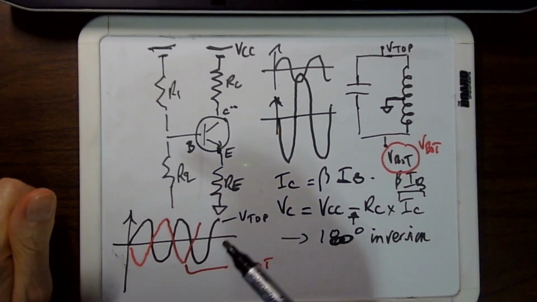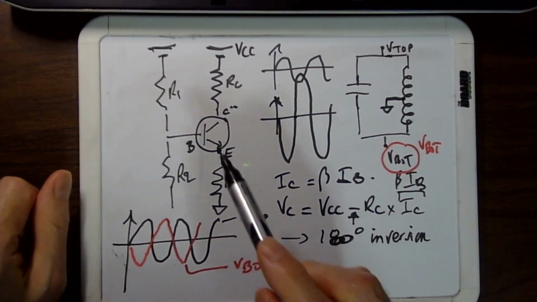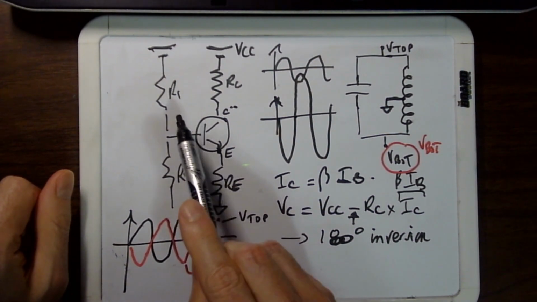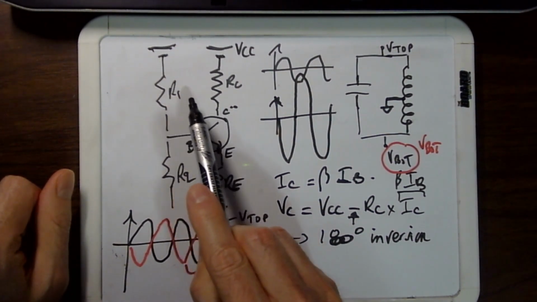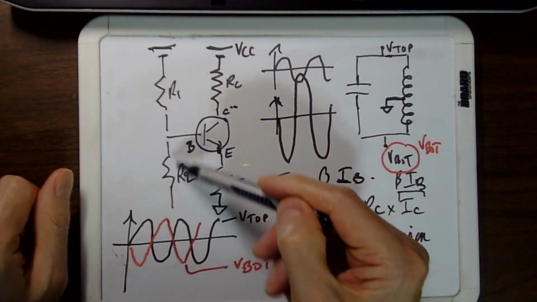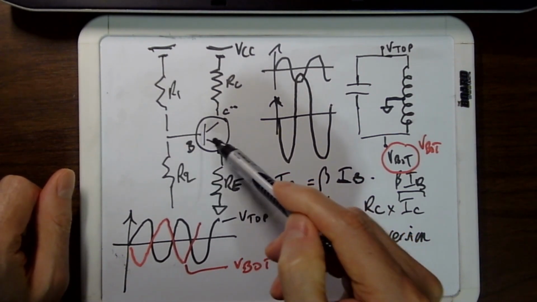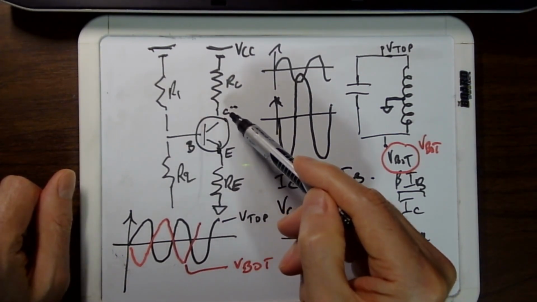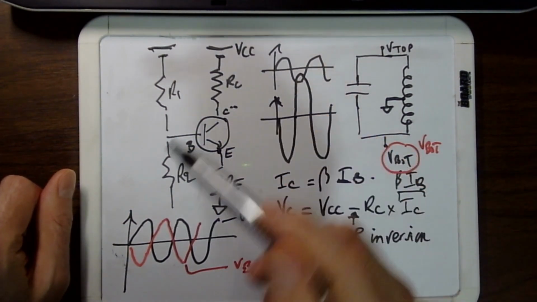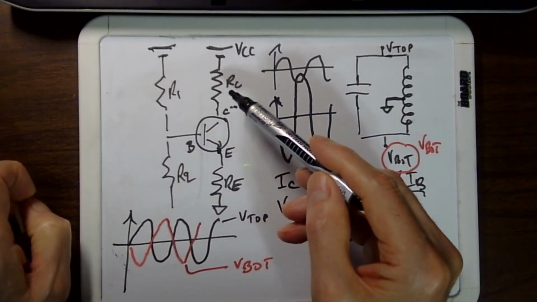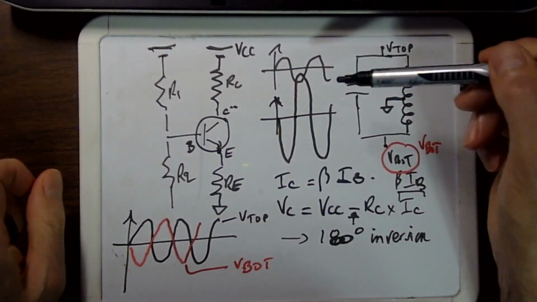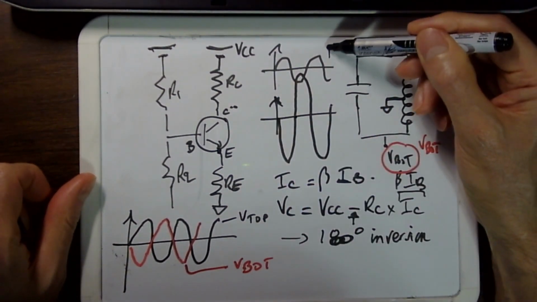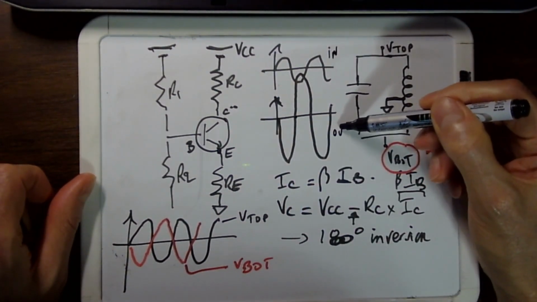So when you have the common emitter amplifier, which is shown here, you have the voltage divider bias, base, emitter, collector of your NPN transistor, RE, RC. So that's your common emitter amplifier. That would be your input, and that would be your output.